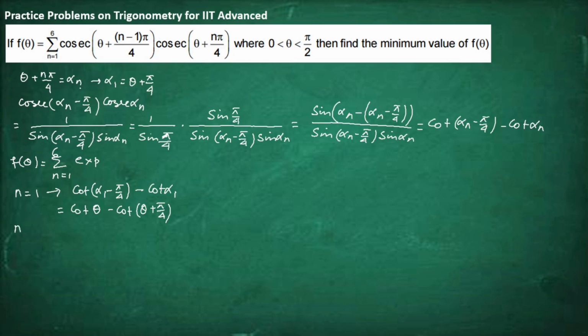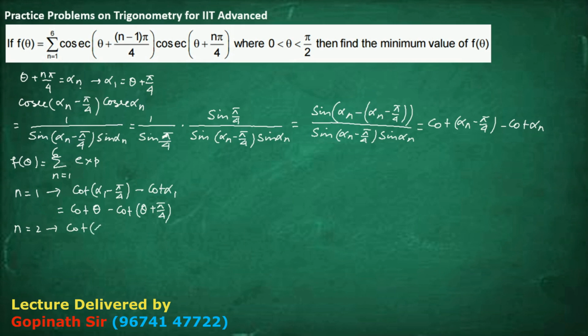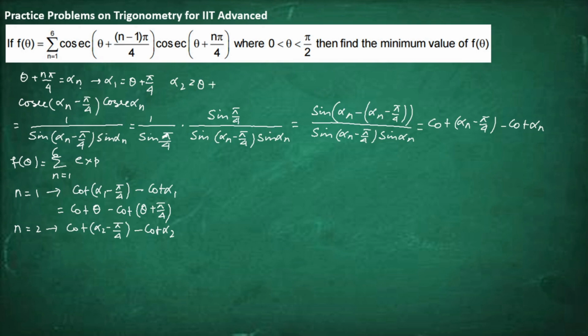Okay. Now if I put n equals to 2, we are going to get cot(alpha 2 minus pi by 4) minus cot(alpha 2). Now what is alpha 2? Alpha 2 is basically theta plus 2 pi by 4, that is pi by 2 only, right?